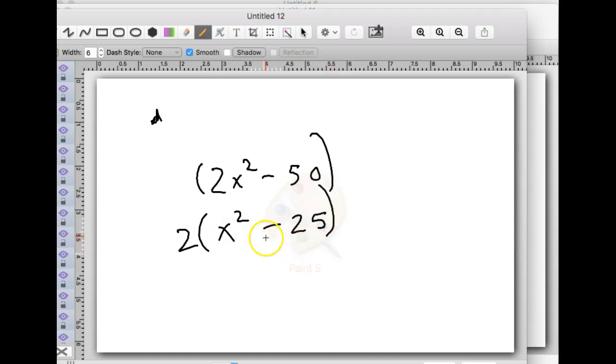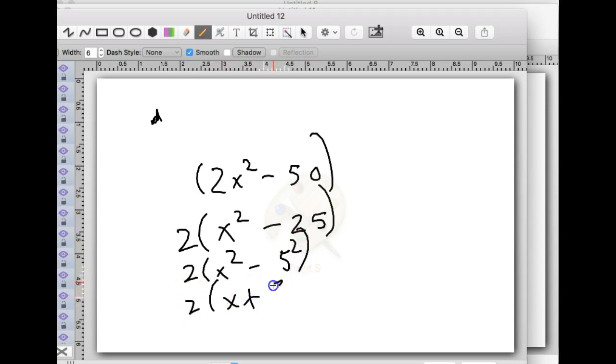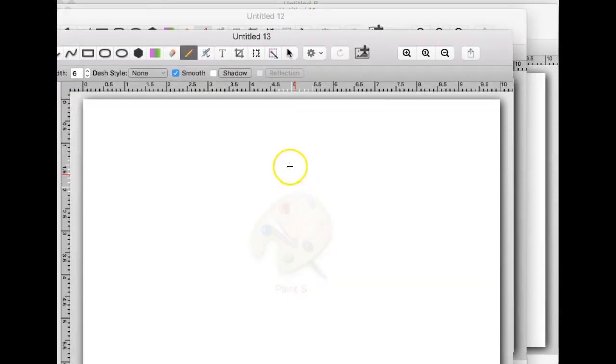Now, can you see that this is a difference of 2 squares? This is x squared minus 5 squared, and the difference of 2 squares looks like x plus 5, x minus 5. So factorization, this is what we're doing.